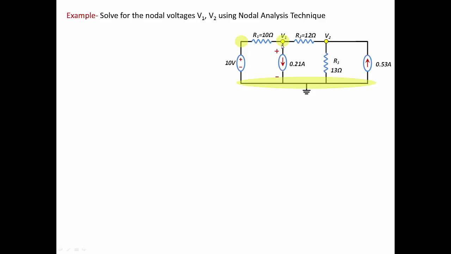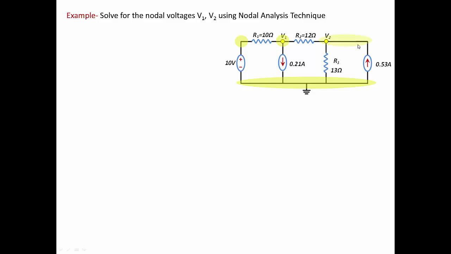The voltage at this node is from this node to ground, like we stated. So the voltage from this node to ground is the nodal voltage, and we're going to give it the name V1. We give it the name V1 because we don't know what that voltage is, so it is an unknown nodal voltage.